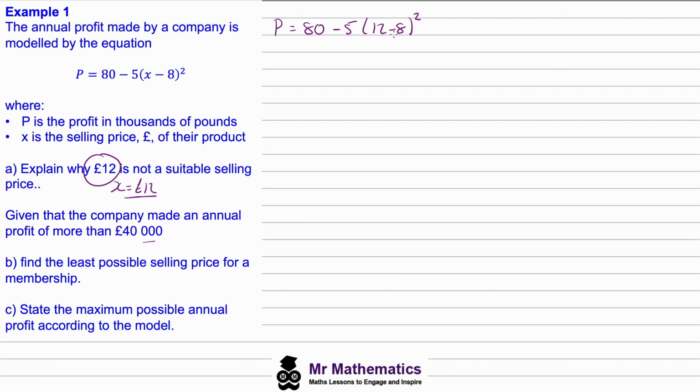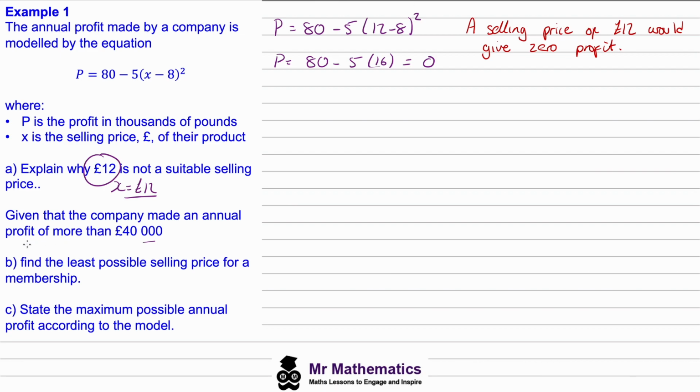Well, the 12 minus 8 is 4. So the profit will be 80 minus 5 lots of 4 squared, which is 16. And 5 times 16 is 80. So the profit will be 0. So we can say then that a selling price of £12 would give 0 profit. And that's why it's not a suitable selling price.